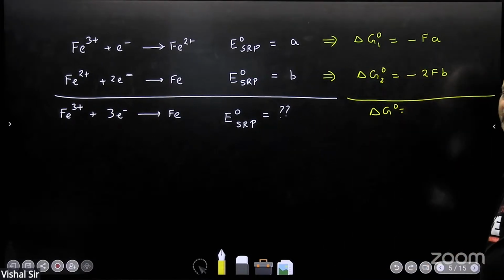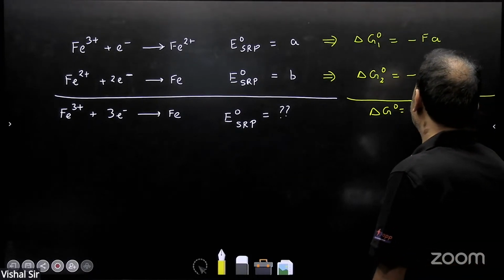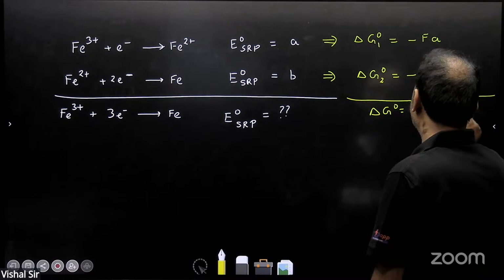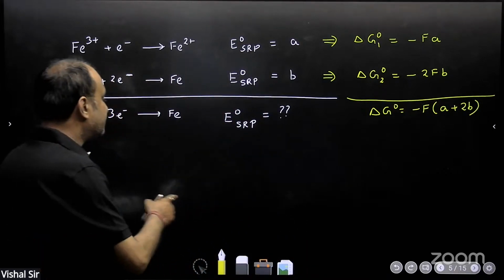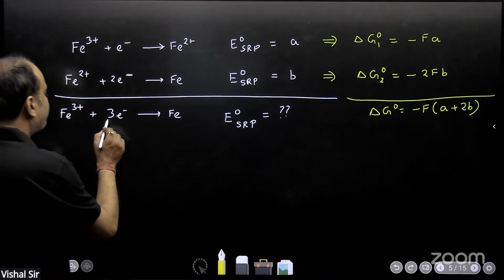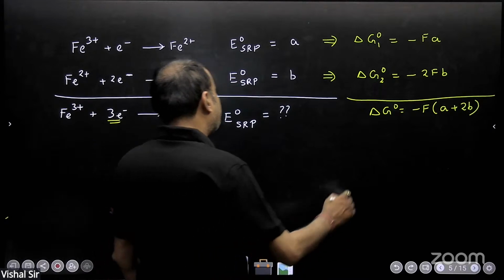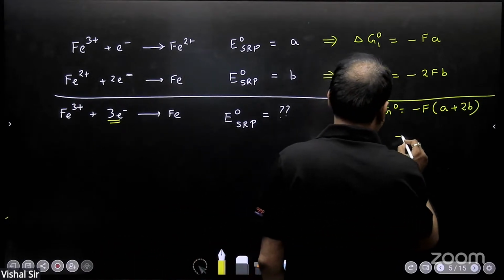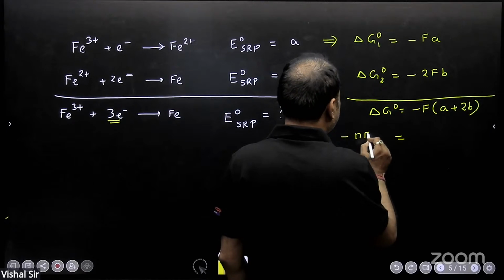So now if I add delta G naught for both of these reactions, I take minus F common and I get A plus 2B. And this is delta G naught of this reaction, whose n factor is 3. So now I write this delta G naught as minus nFE naught.